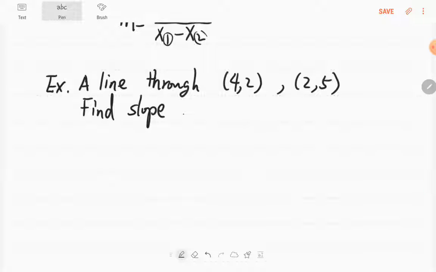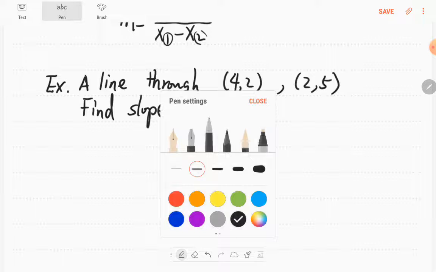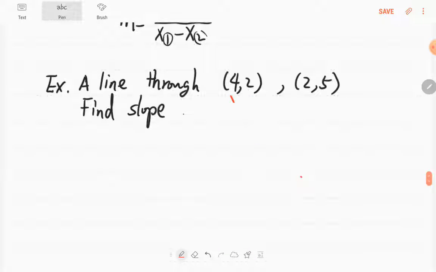If we know 2 points on the line, you can let this one be x1, y1, and this be x2, y2.